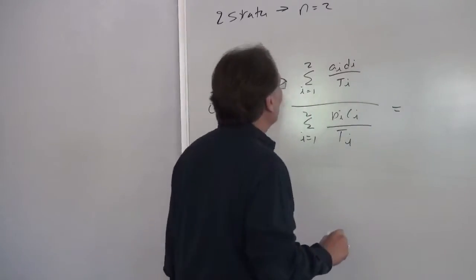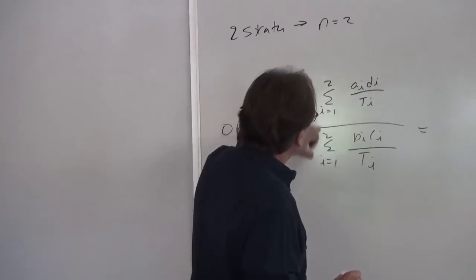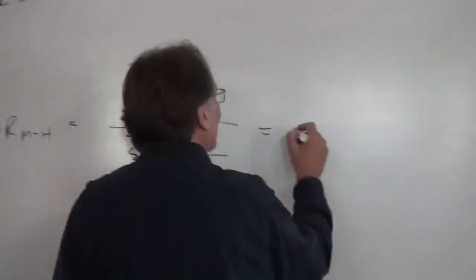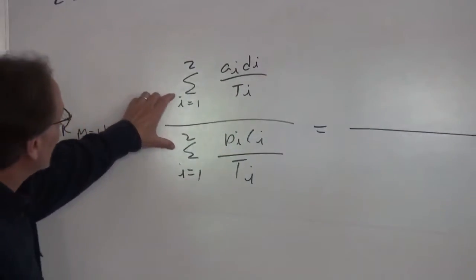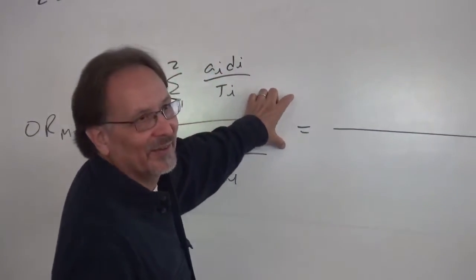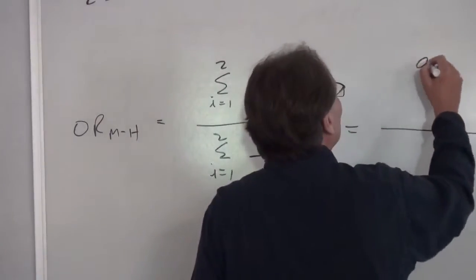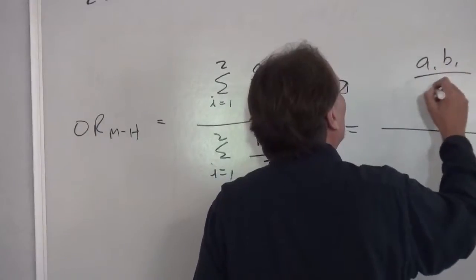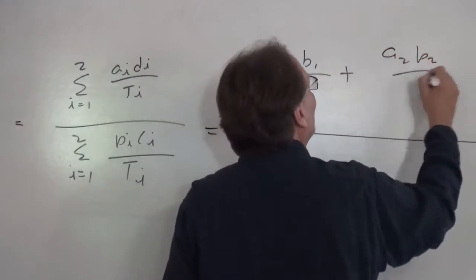Two different ones. That means we have to sum these and then sum these before we do the division. The biggest mistake everyone makes is that they do the division with another division and add the two together. Don't do that. The way we would do this is A1D1 over T1 plus A2D2 over T2.